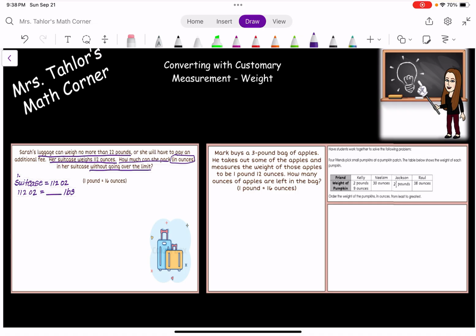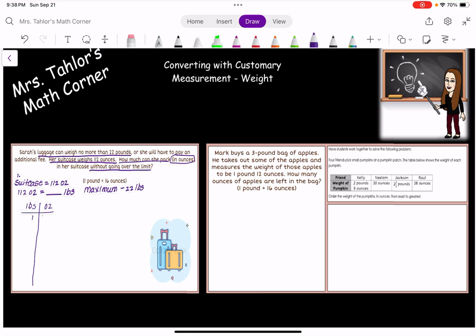Well, I also know that the maximum weight of her suitcase can be 22 pounds. So, if I convert the 112 ounces into pounds, I could make a T-chart, and on the left I could put pounds, and on the right I could put ounces.